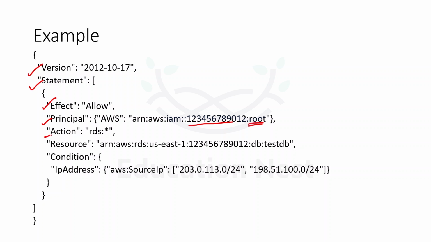What are the actions that we are allowing? All the actions under RDS. If you want specific actions, just to read the database, to have write permissions, or just access to the snapshots, then you can have different actions here as well. And what is the resource?